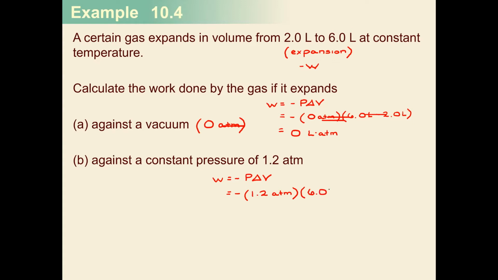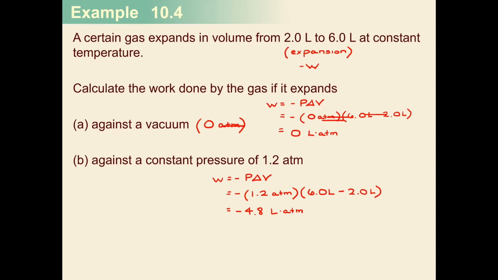So we have our 6 liters minus our 2 liters, and that is going to be a change of volume of 4 liters. So if I put this into the calculator, I am going to get a work value of negative 4.8 liter atmospheres.